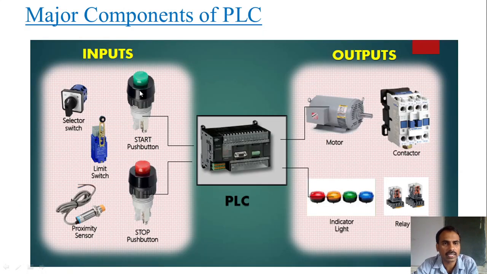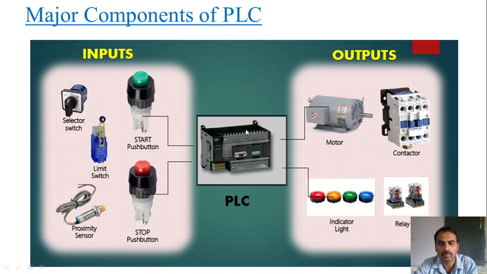Here you can see how a PLC is interconnected with the input output devices. These are the input devices. It may be a stop button or a start button, from which the PLC will receive an input using these input modules, and execute based on the program instructions.